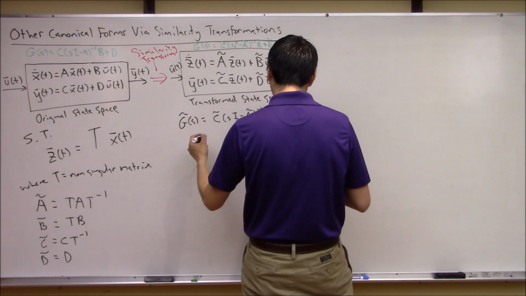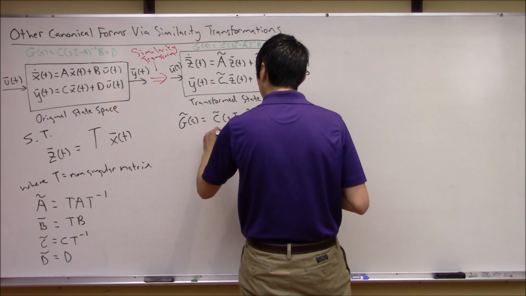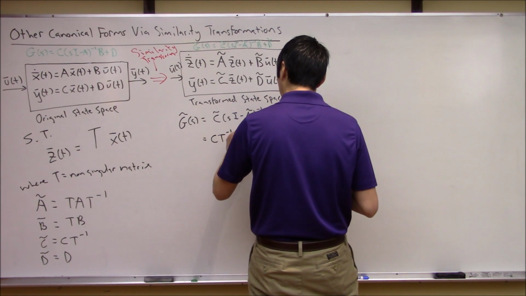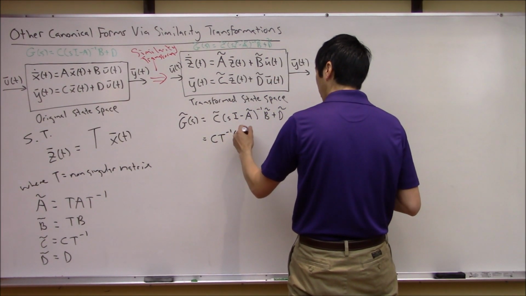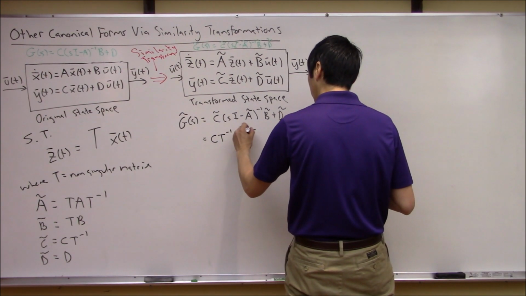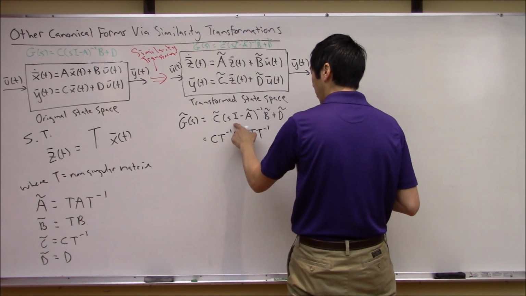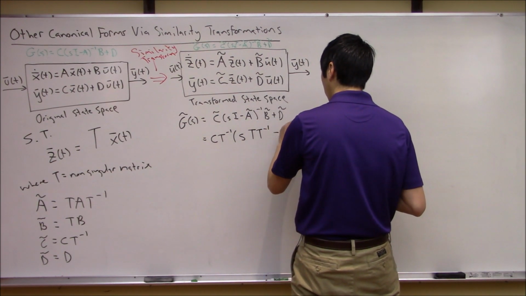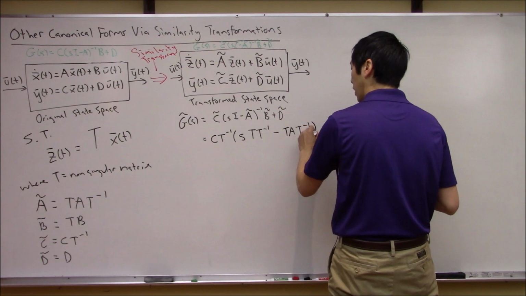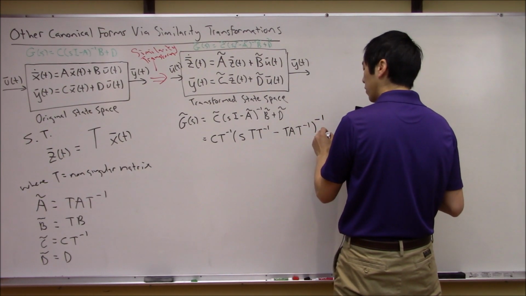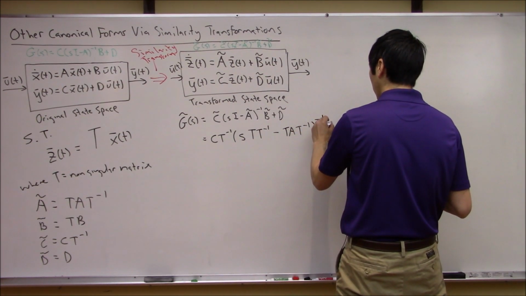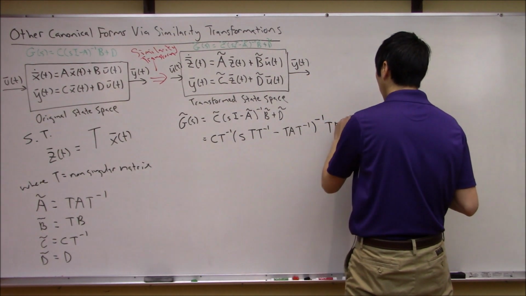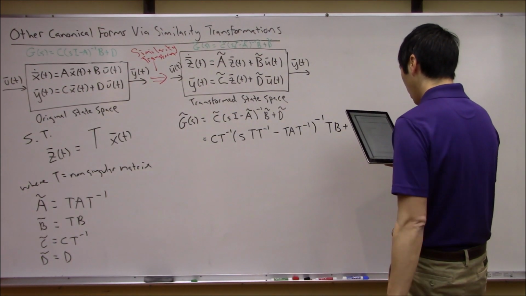We end up with C T inverse times s, which I'm going to write as T times T inverse, since everyone agrees that's the same thing as I, minus A tilde, which was T A T inverse. This whole quantity gets inversed, and then B tilde is nothing more than T B, plus D tilde, which was the same thing as D.